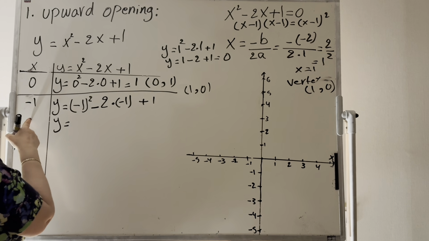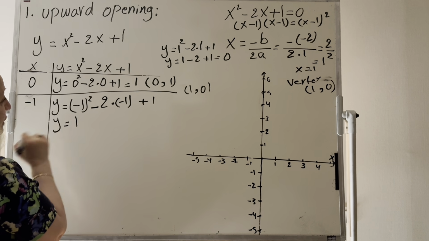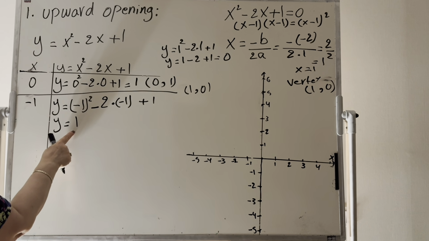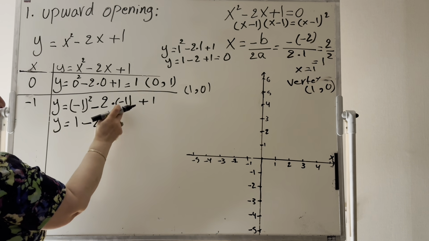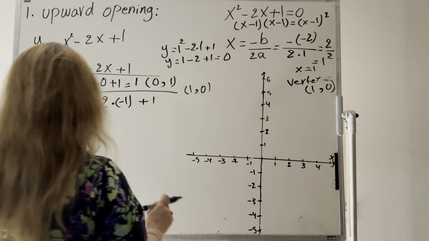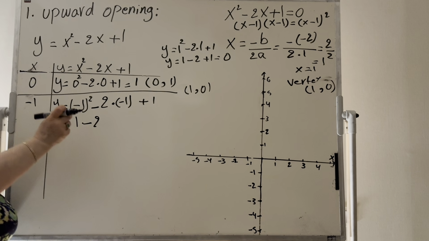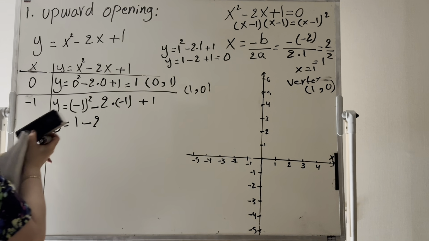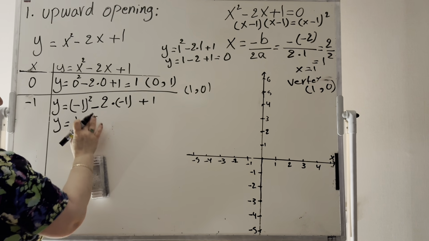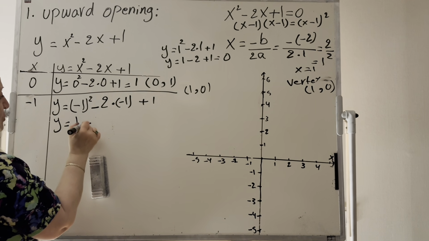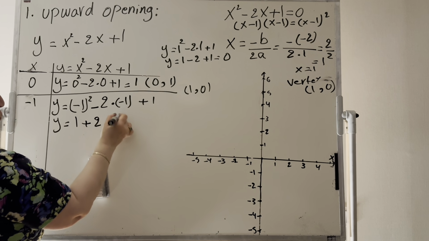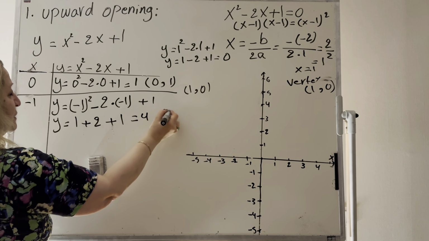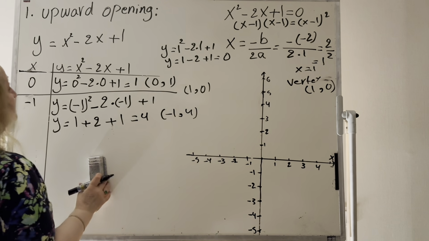Minus 1 times minus 1 equals 1, and minus 2 times minus 1 equals plus 2. So 1 plus 2 plus 1 equals 4. When x equals minus 1, y equals 4.